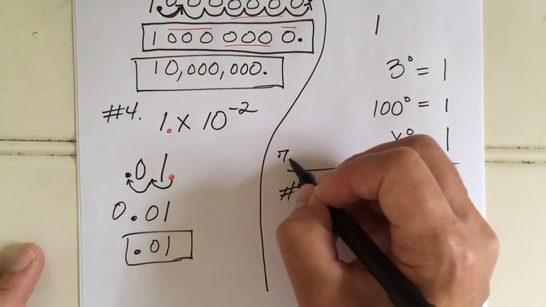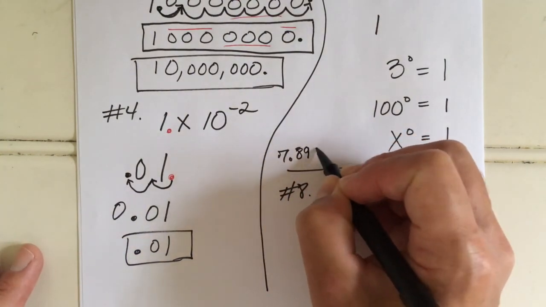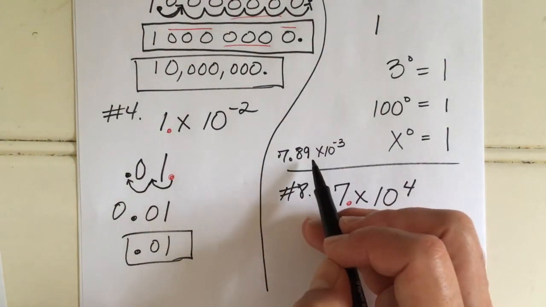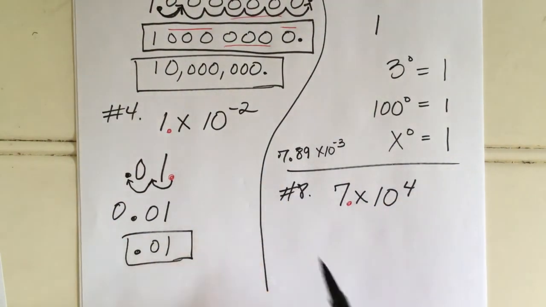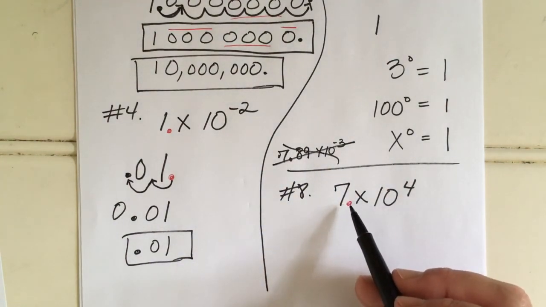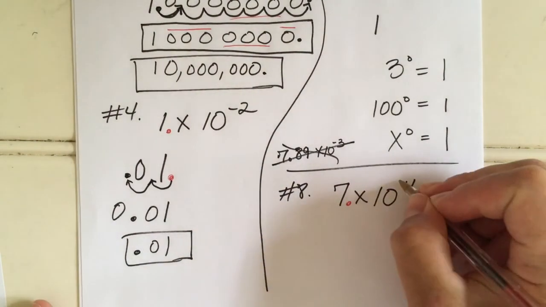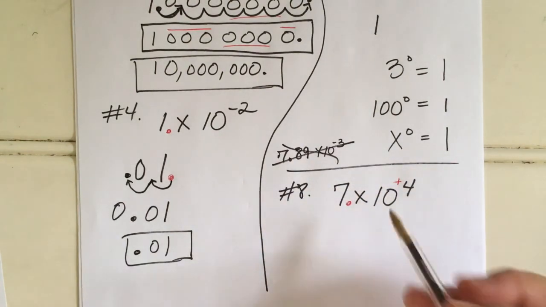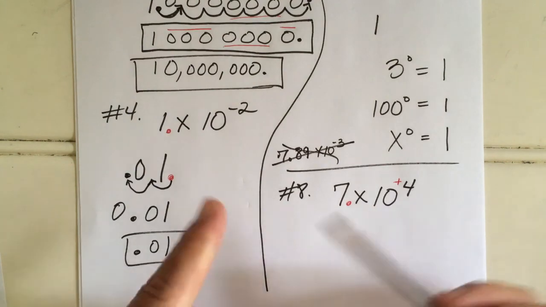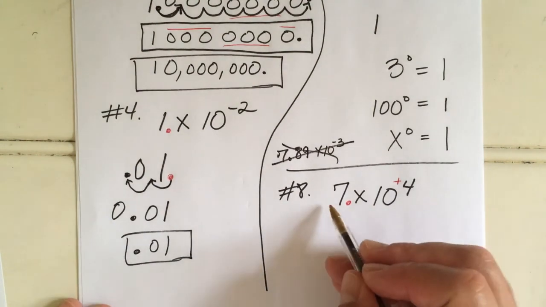So if it said something like 7.89 times 10 to the negative 3rd, it's already there. I wouldn't redraw it right there. That wouldn't make sense. But in this case, I didn't have one, so I had to draw it in. Then this exponent is positive, so this is actually a larger number. And so now we have to pick, do we move it left or right? Well, if we move it this way, we get 0.7.